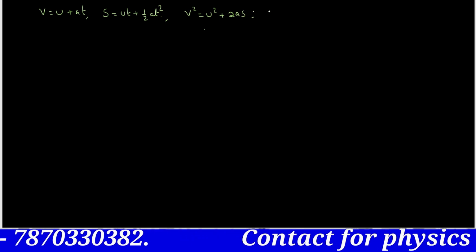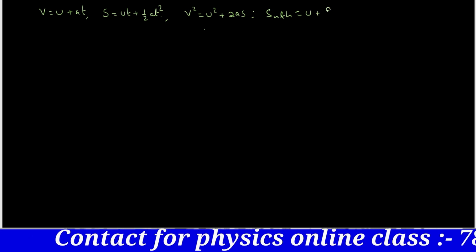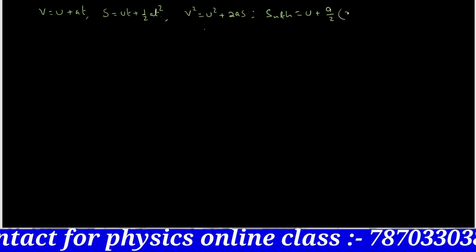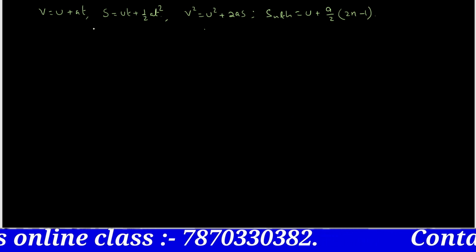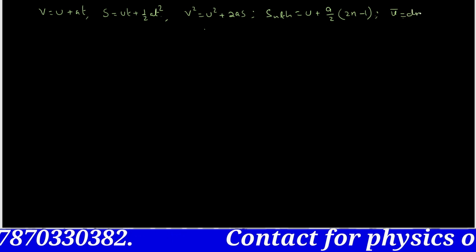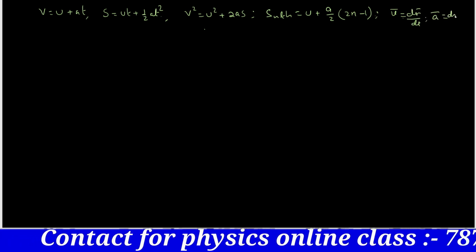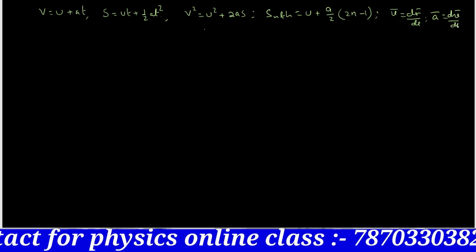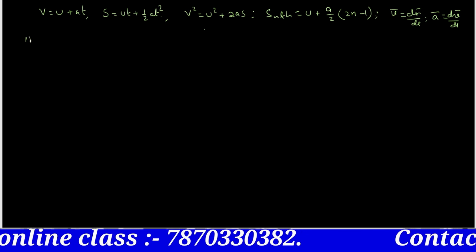And I have S nth equal to u plus a by 2 into 2n minus 1, right? And v vector equals dr upon dt, and a vector equals dv upon dt, right? Now I have a question.